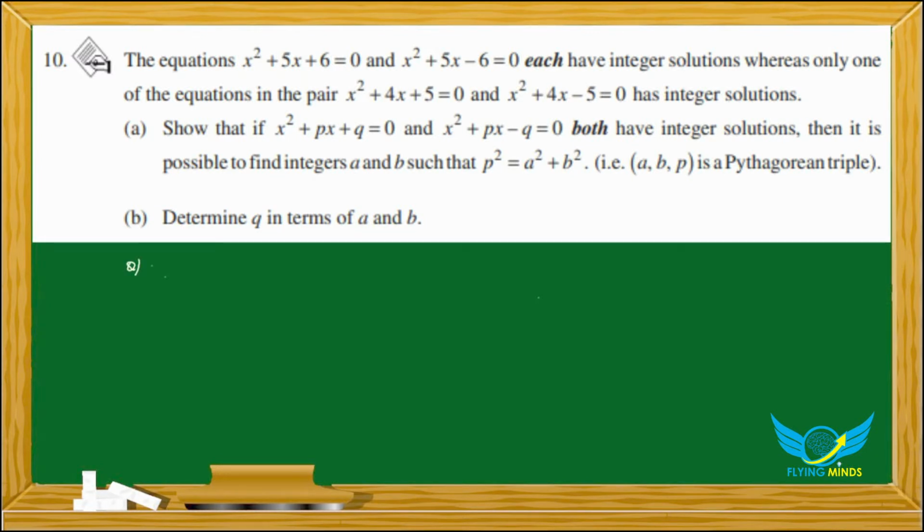What do we know about the solutions of the quadratic equation? How do we find them? We're not going to do factoring here, so one method to find the solution of a quadratic equation is to use the quadratic formula: −p ± √(p² − 4·1·q) over 2·1, where the coefficient of x² is 1.